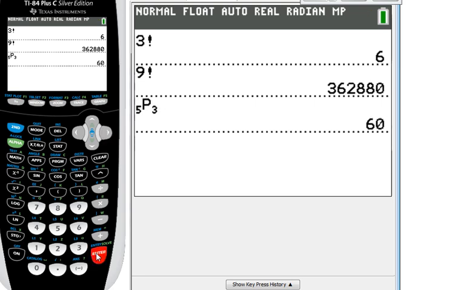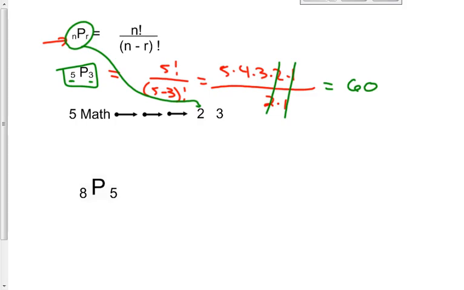And we come up with 60, which is what we got when we did it by hand. Now I want you to try your own. Try 8P5 and see if you can come up with the solution for that. Hopefully you came up with 6,720.